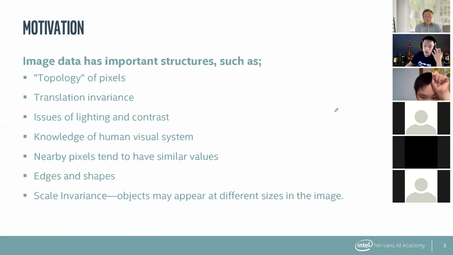So what are the properties of an image that make it very different from other pieces of data? Well, first of all, the topology of pixels. I don't know specifically what the creators of these slides were going for with this, but I think the general idea is that in images, you generally don't see very high contrast colors next to each other unless there's an edge.